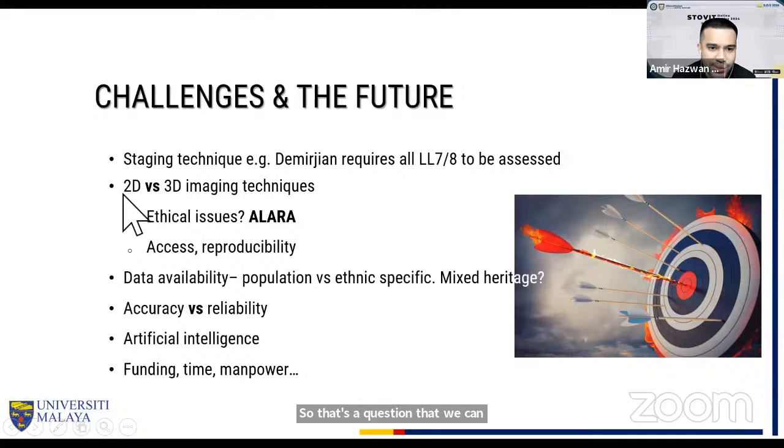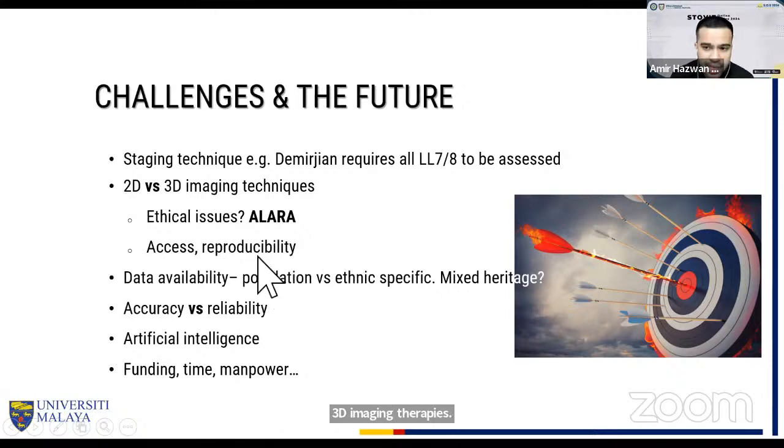Access, as mentioned: 3D, CBCT, CT scans are very hard to get in rural areas. In Malaysia, we have many government hospitals without 3D imaging modalities.